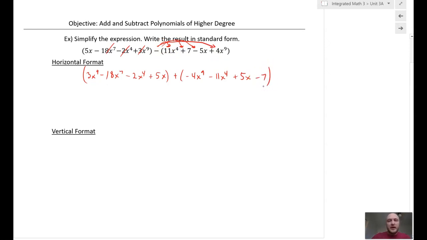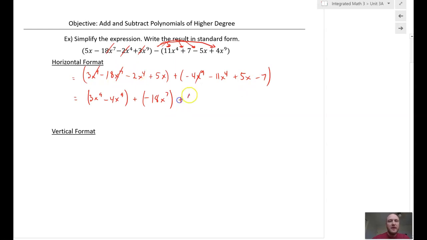Now you can go ahead and group your like terms. I have 3x to the ninth, and I have a negative 4x to the ninth. Again, I like to cross them out just so I know that I've used them. I have negative 18x to the seventh, with no x to the seventh terms over here.